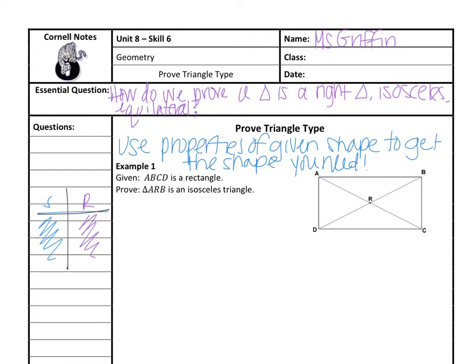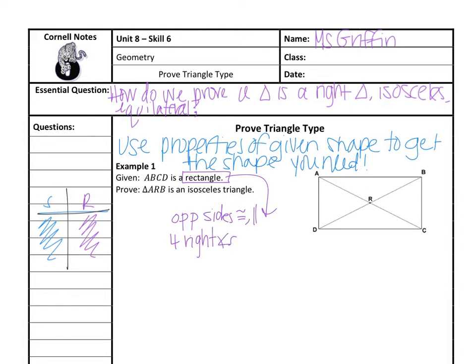So in example 1 it says that we know that ABCD is a rectangle. Off to the side I'm just going to take a second to brain dump anything I know about rectangles. Maybe the basic thing is that opposite sides are congruent and parallel. I know that there are 4 right angles.